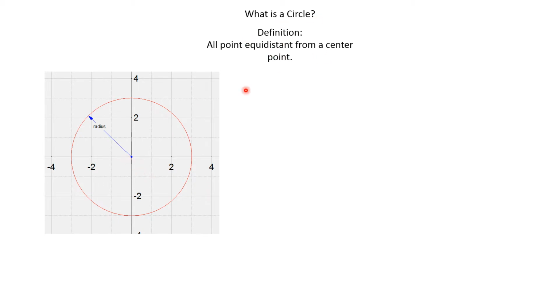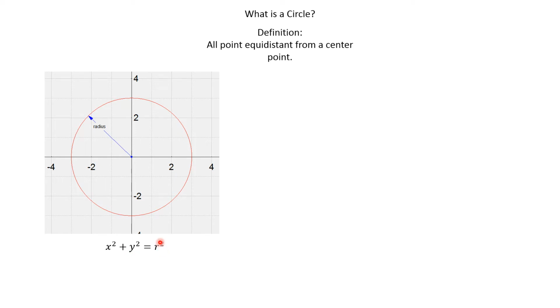So it's all points equidistant from the center. We have a center, then we have the radius here, and that would go around. It's the same no matter where on the circle we are. The equation for this is just x squared plus y squared equals r squared, where x and y are our variables, and r is the radius.